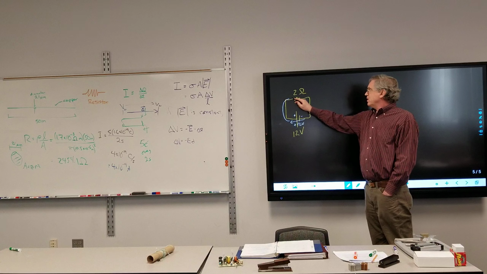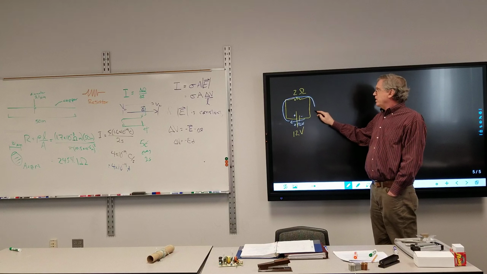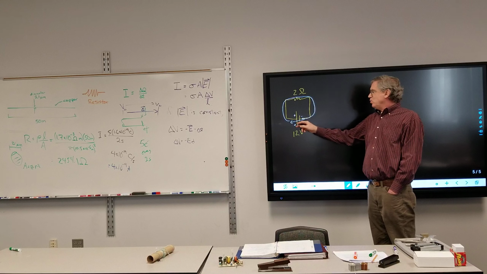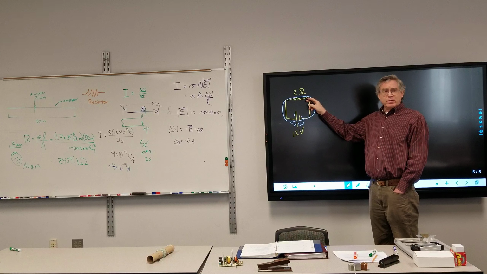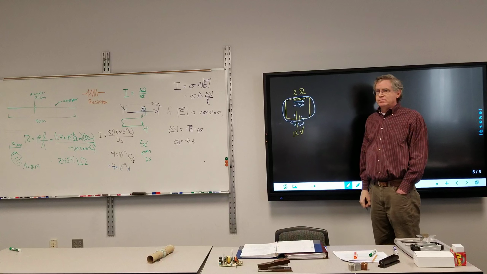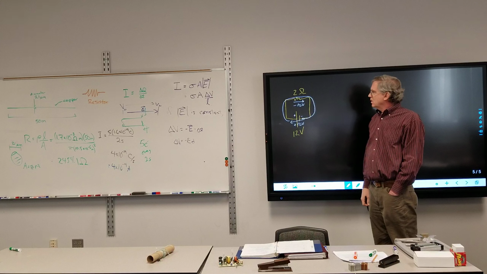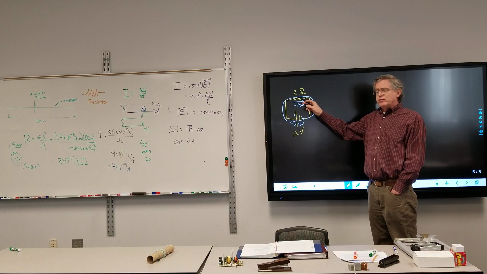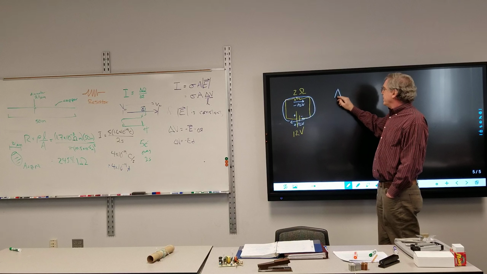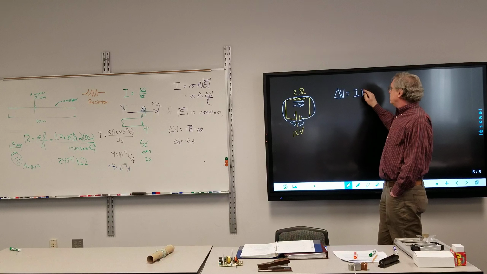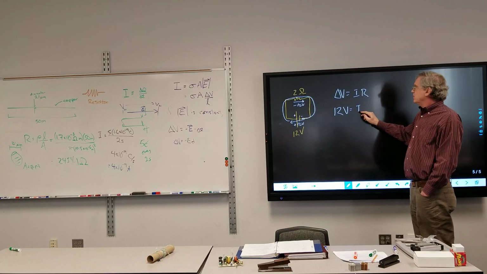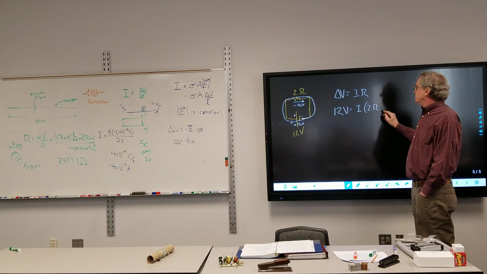I know that something's going to happen across my resistor so that when I get back to where I started, I'm at 0. So if I gain 12 volts coming here, I have to lose 12 volts coming here. So going across there, I'm going to lose 12 volts. So the potential difference across this resistor is 12 volts. In other words, plugging into Ohm's law, I know that V equals IR. 12 volts is equal to my current times my 2-ohm resistor.